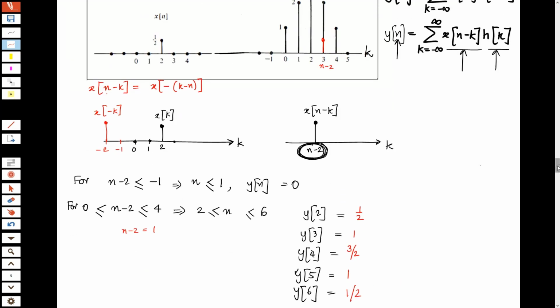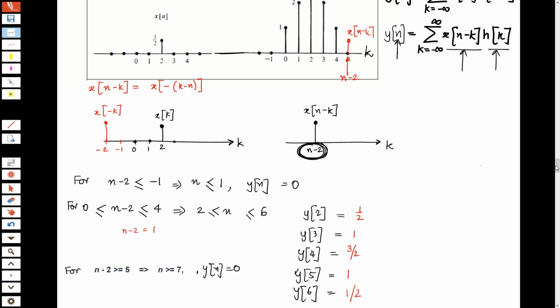Now what happens when it has reached here? That means this is n minus 2. Again, there is no overlap between the two, so the product will be 0. That means for n minus 2 greater than or equal to 5, y of n is again 0.